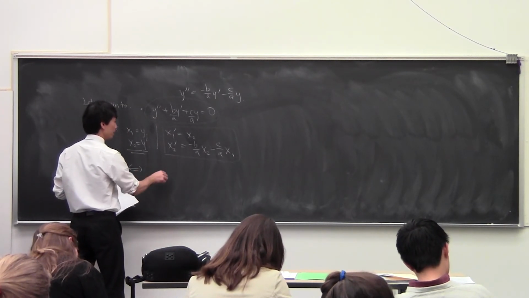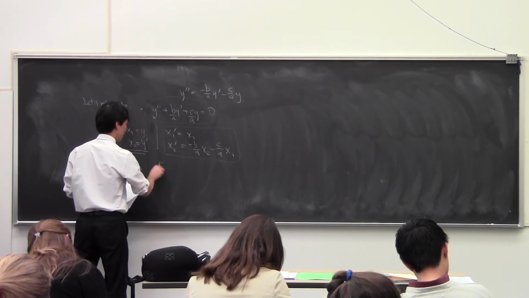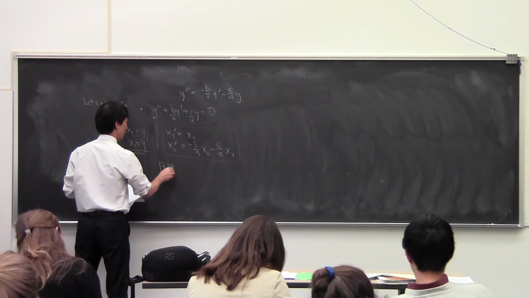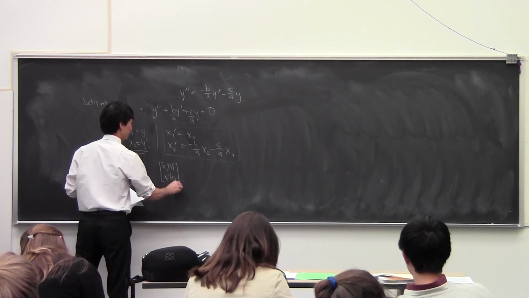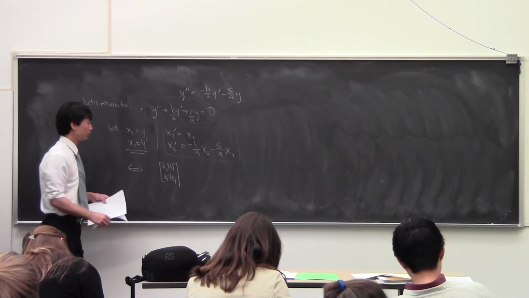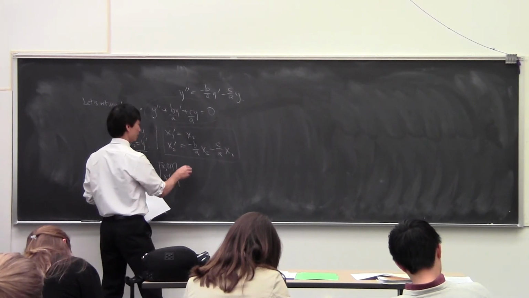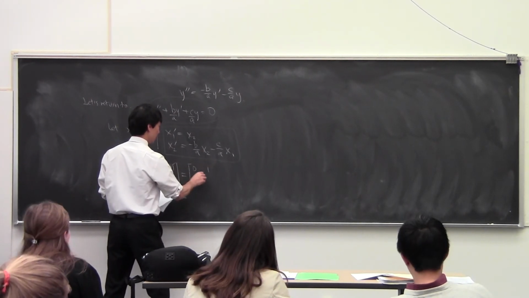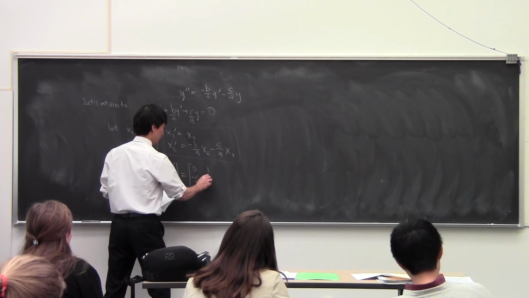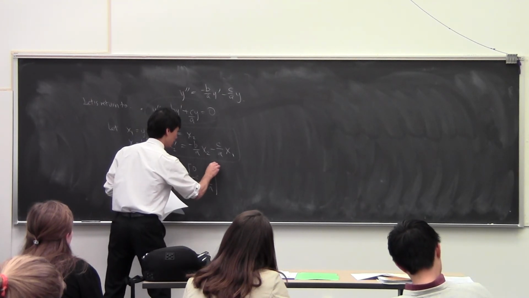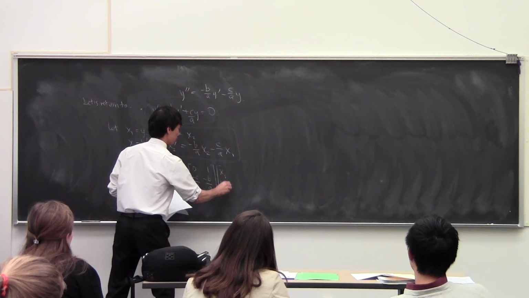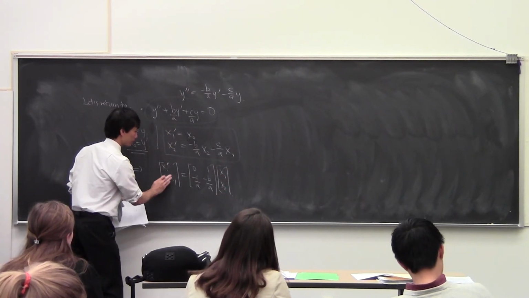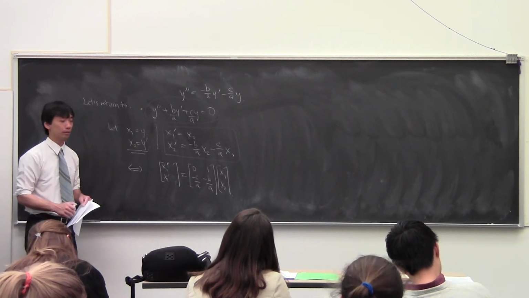Of course, we can rewrite this using matrices. You want some vector valued function satisfying this: the derivative of (x1, x2) equals the matrix 0, 1, negative c over a, negative b over a times (x1, x2). The same thing.